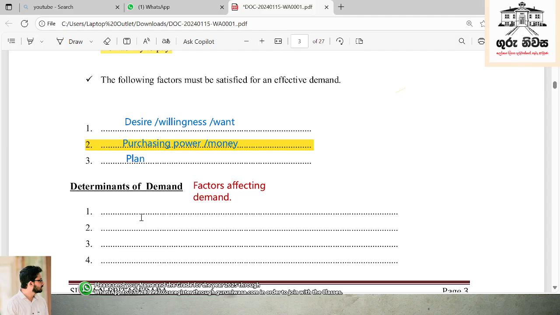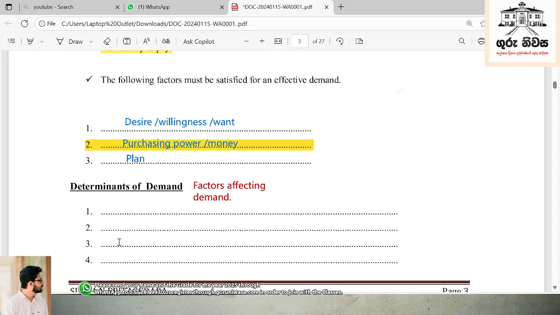When you go to the market, what is the main thing you ask for? Price. Yes, that's the most sensitive factor. Really, we are price sensitive human beings. Number one for every product, the main factor affecting demand is the price of that product, the price of the concerned good.